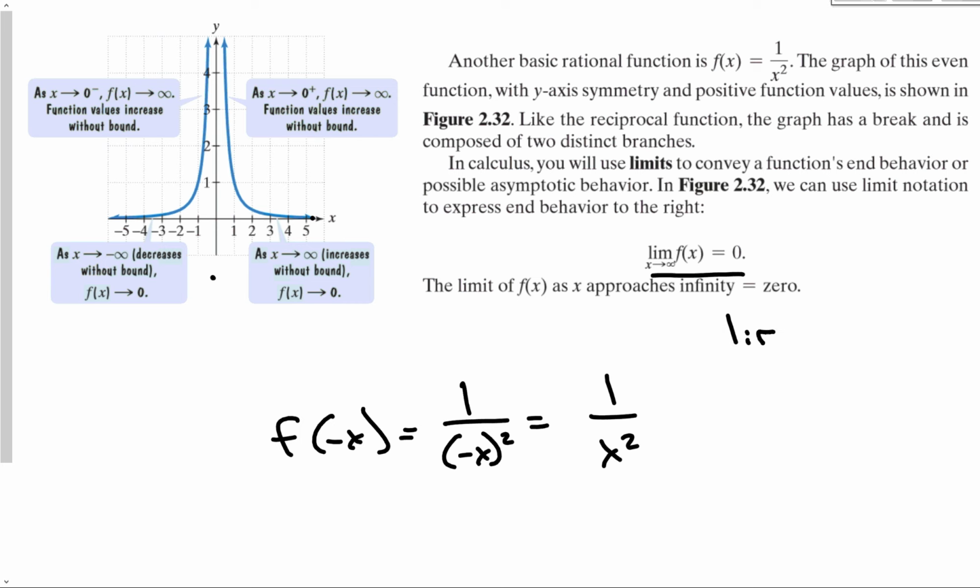And also the limit as x approaches negative infinity of this function is also 0. We could also say that the limit as x approaches 0 from the right of my function, well, I'm going to start at the right, and as I get closer and closer to 0, this function gets closer and closer to positive infinity. And as I approach 0 from the left, it's also positive infinity as well. Okay?